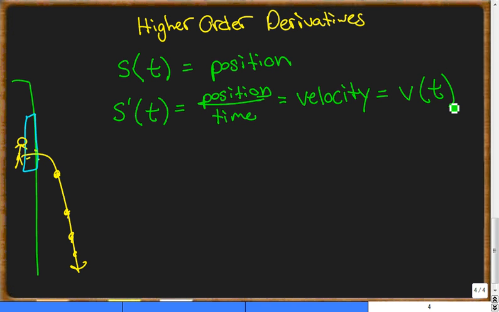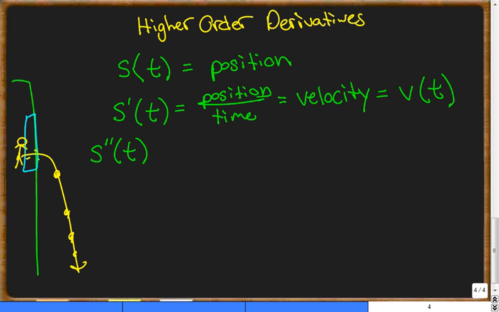Okay, so if I took the derivative of my position function, I'm taking the derivative with respect to my variable time. Instead of x like we have been used to, my variable now is time, because I'm talking about physics problems and movement. So position over time gives me velocity, which is v of t. But that's the same thing as the derivative of position. Now, here's something interesting. Now I can actually look at the second derivative, another derivative.